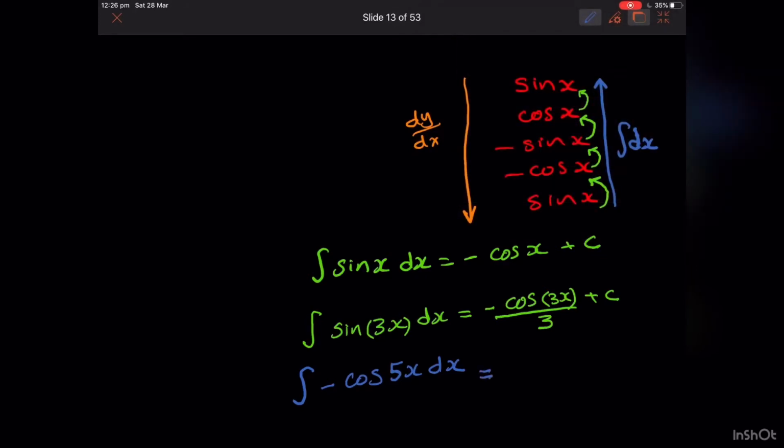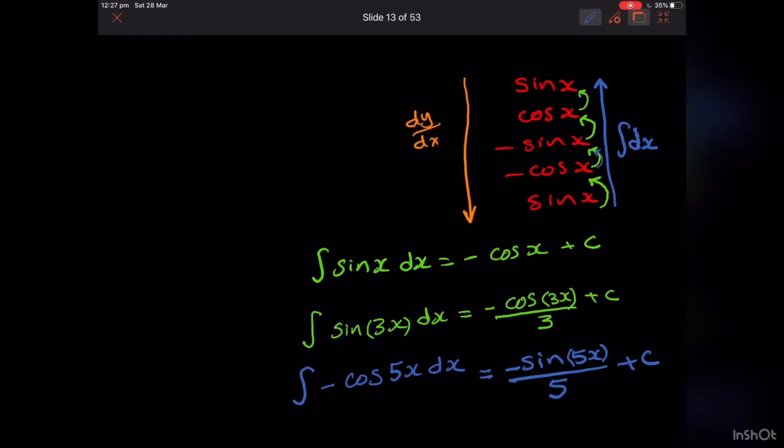The integration of minus cosine is minus sine, so it's going to be minus sine 5x, and you divide by the derivative of 5x, which is 5, plus c.